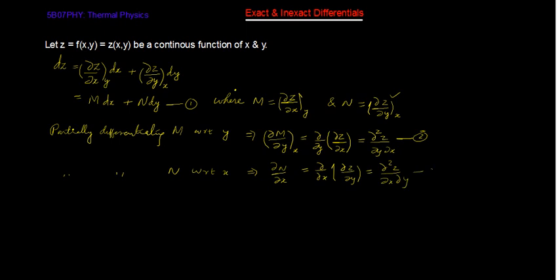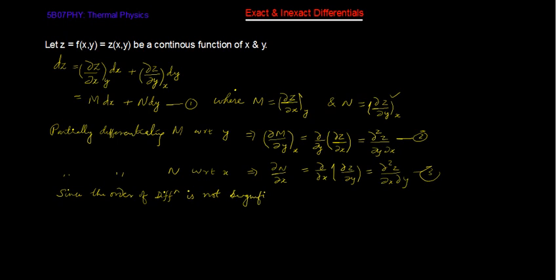As per the basic property of partial derivatives, the mixed second order derivative is independent of the order of differentiation, since the order of differentiation is not significant or not important.